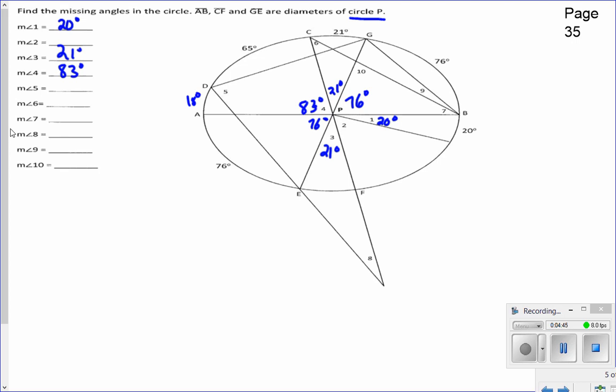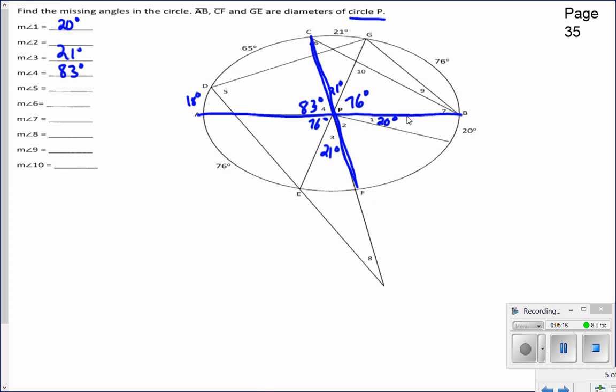Now, I'm also seeing the angle that we have marked as 83 degrees.